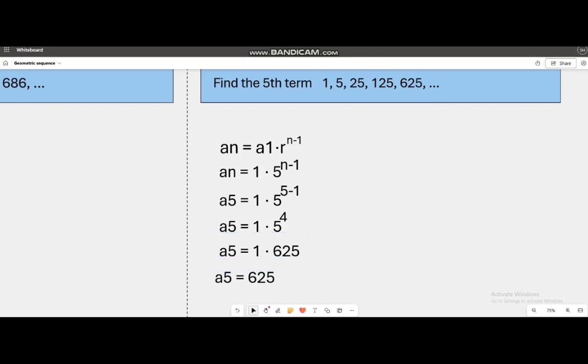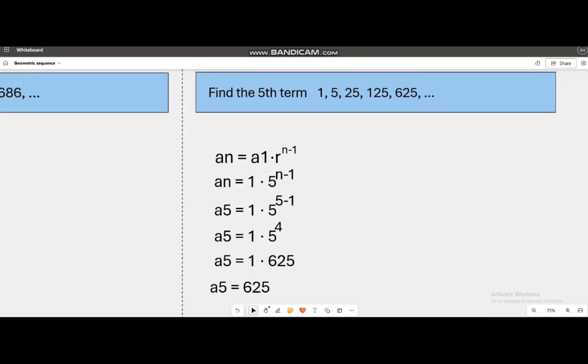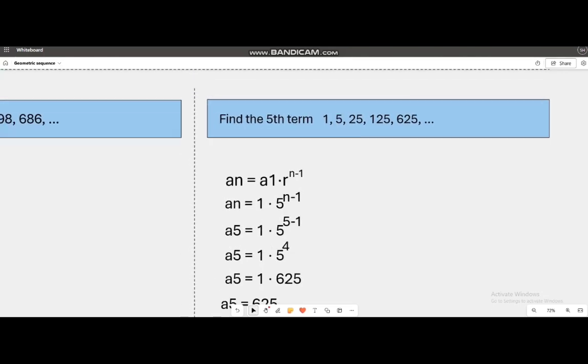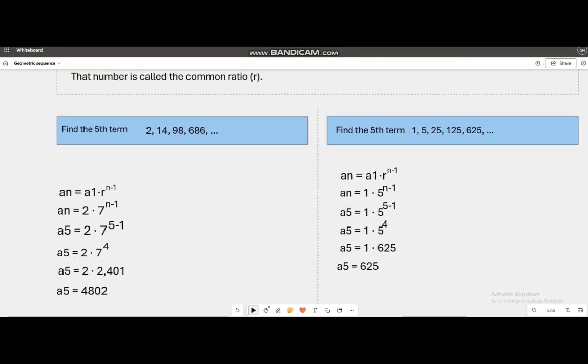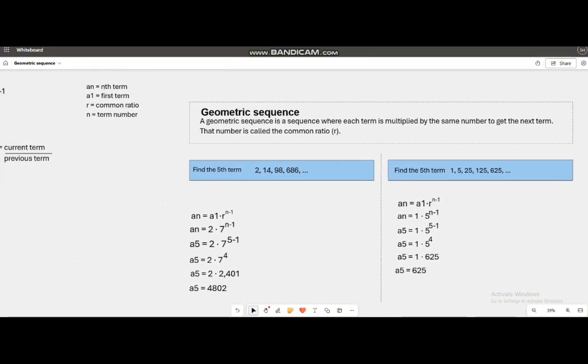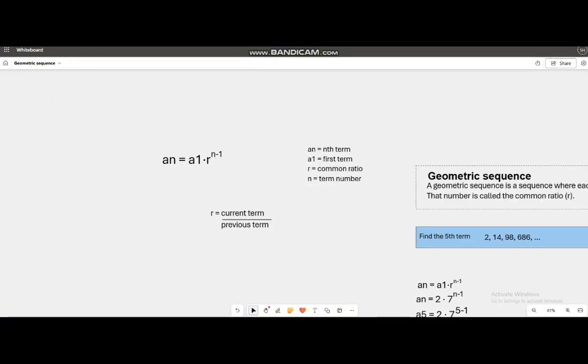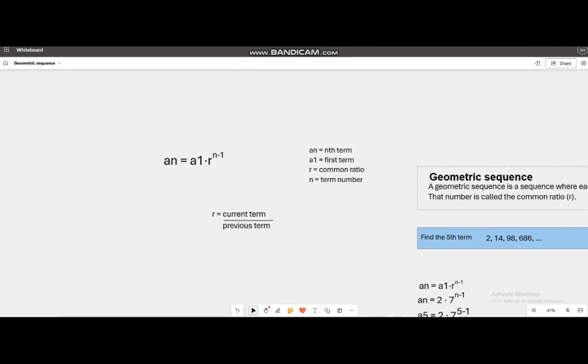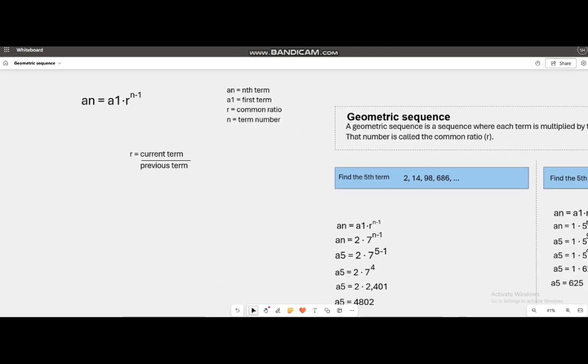So the fifth term is 625. So that's for the second geometric sequence. So that's all for the geometric sequence. Remember, this is the formula for the geometric sequence: an equals a1 times r to the power of n minus 1.